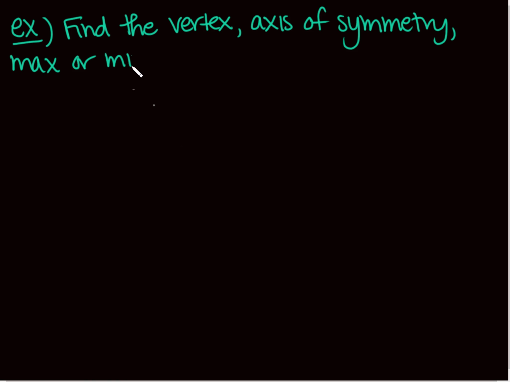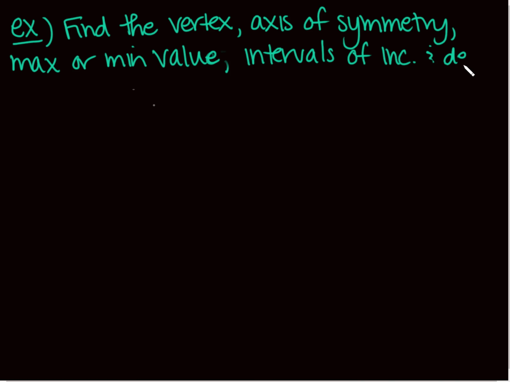And then the other thing that's kind of interesting to talk about is let's find the intervals over which the function's increasing and decreasing. Intervals. We've done that before, right? Of increasing and decreasing. Okay, so those are all the things I want. I want the vertex, axis of symmetry, the maximum or minimum value, and the intervals of increasing or decreasing.